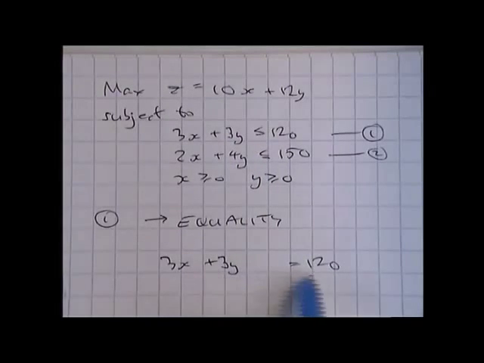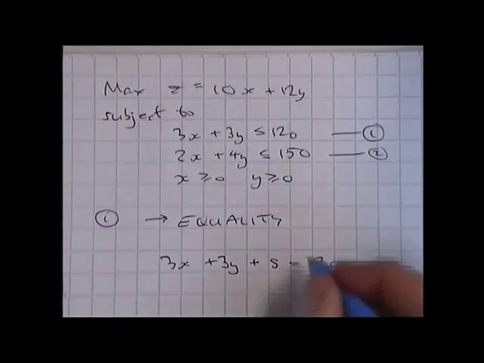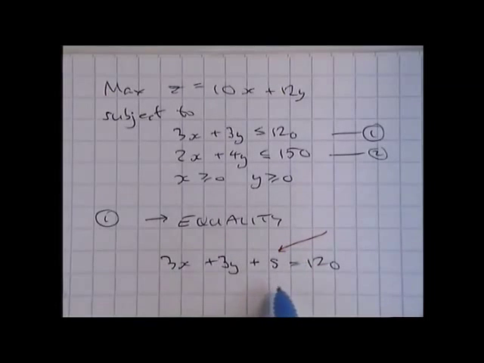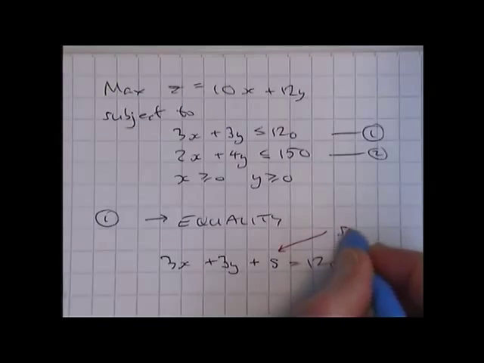So if it's going to be equal to 120, I'm going to add something else to it. And I add in what's called a slack variable. For your first slack variable, you usually use the letter S. So basically, if you add something else onto it, then it will be 120. And that thing there, the S, is a slack variable.